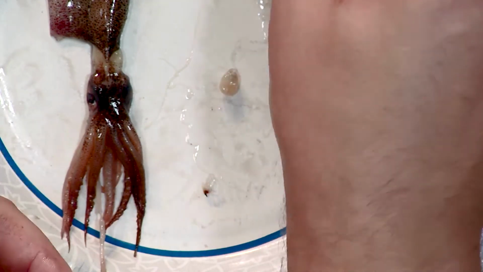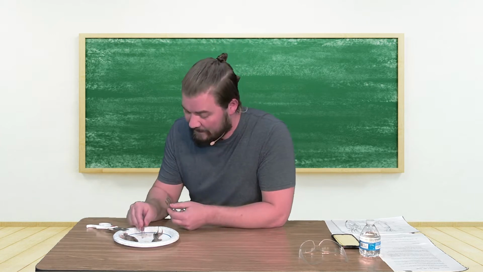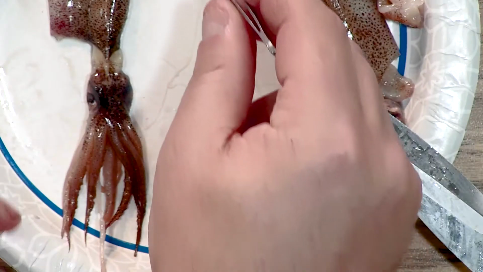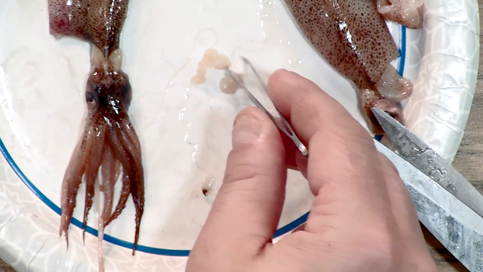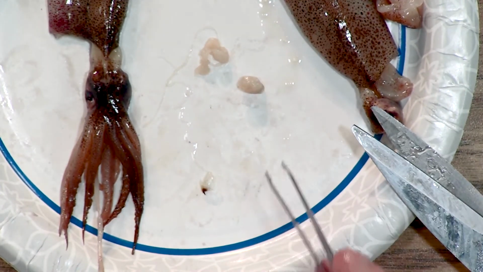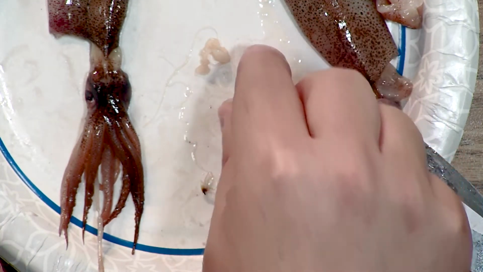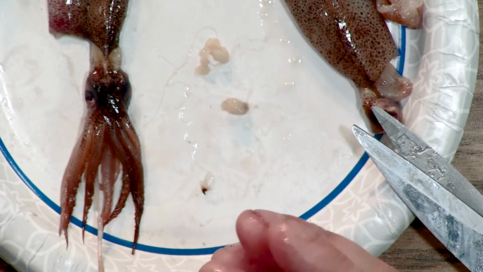So if I wanted to study the brain instead of the nervous system, I could cut it like that and see how this one here is kind of torn and smashed. This one is not. It's intact, and it's kind of marble sized, and I can feel some density or hardness in it.